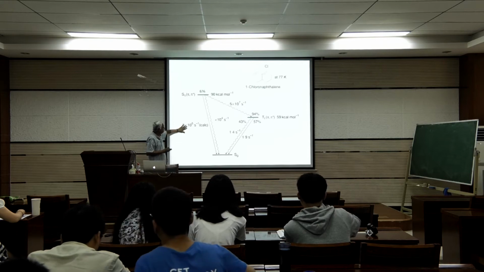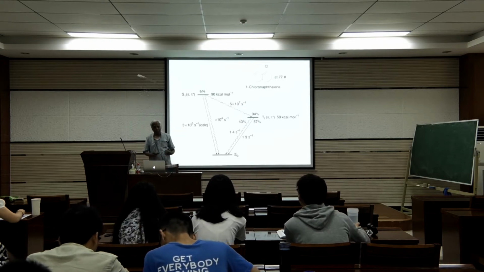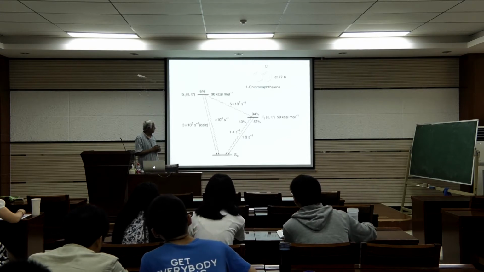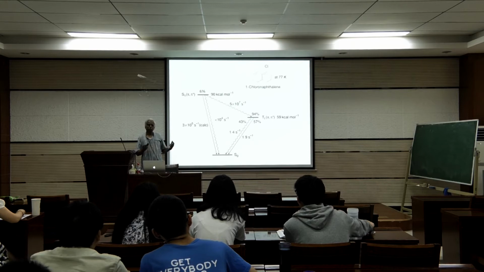These numbers here tell you the rate constant, that is how fast the emission will take place. If you see the emission rate constants, this is 1.9 second minus 1. This is 3 into 10 to the power of 6 second minus 1. Tell me which one is faster or more efficient, this one or that one?